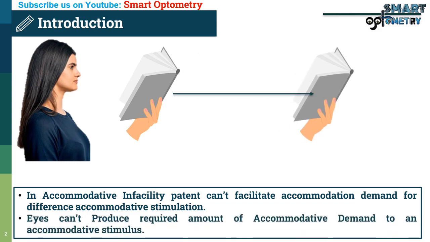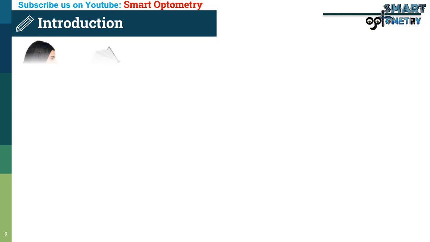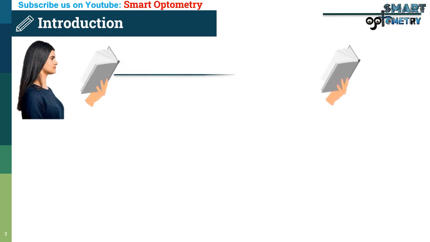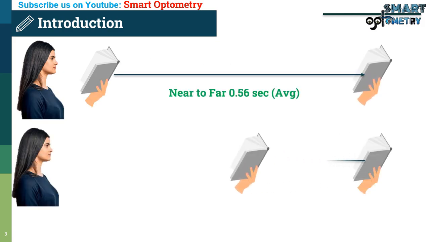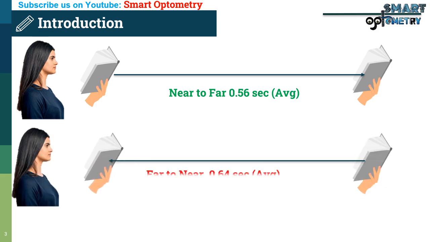Eyes can't produce the required amount of accommodation to an accommodative stimulus. Generally, from near to far, we need 0.56 second to respond to an accommodative stimulus. From distance to near, we need 0.64 second. But in accommodative infacility, it requires more time to respond to an accommodative stimulus than required.